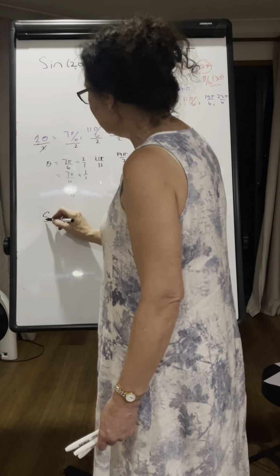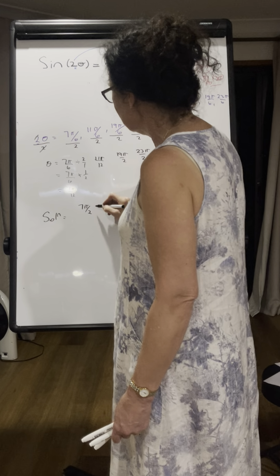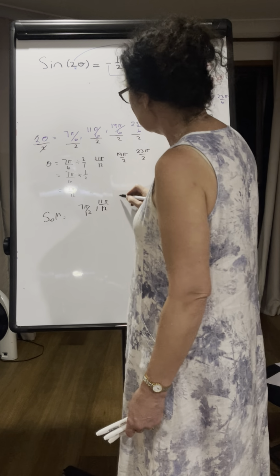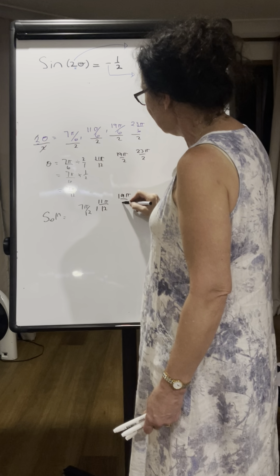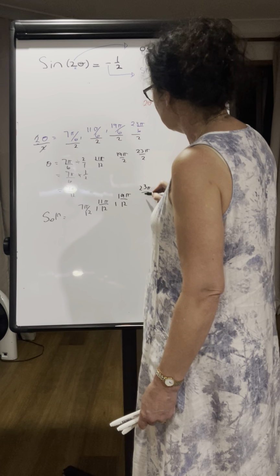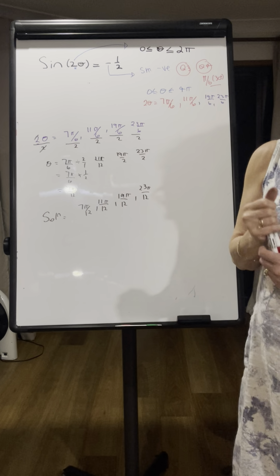So our solutions are going to be 7 pi over 12, 11 pi over 12, 19 pi over 12, and 23 pi over 12. And that's it. Nice and easy peasy.